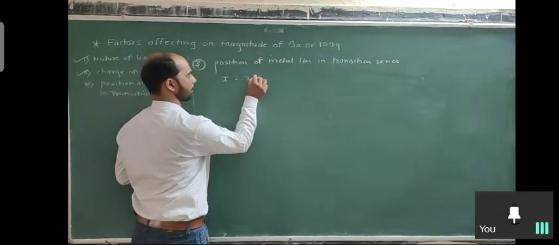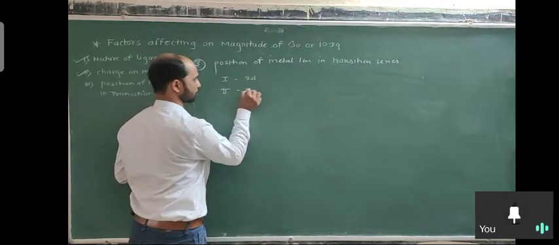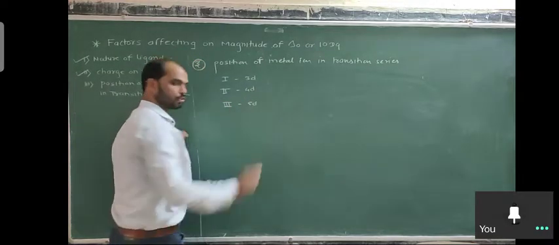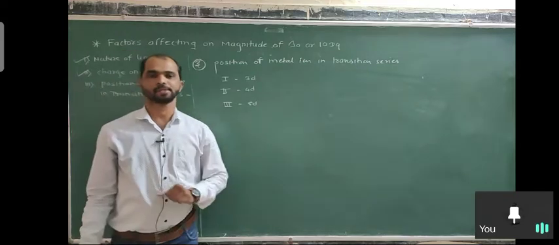has 3d orbitals, the second transition series has 4d orbitals, the third transition series has 5d orbitals. Suppose three examples are given to you.